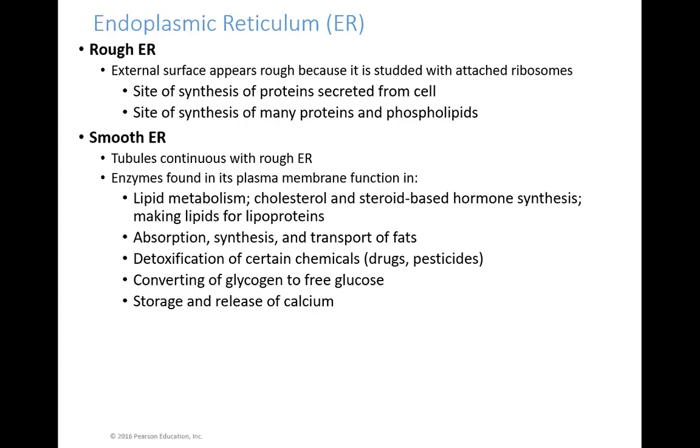Remember that everything we eat and everything we drink ends up in our plasma. Before it can be circulated through our bodies, though, when we absorb it at our small intestine, the first place it goes, everything we eat and drink goes to the liver.